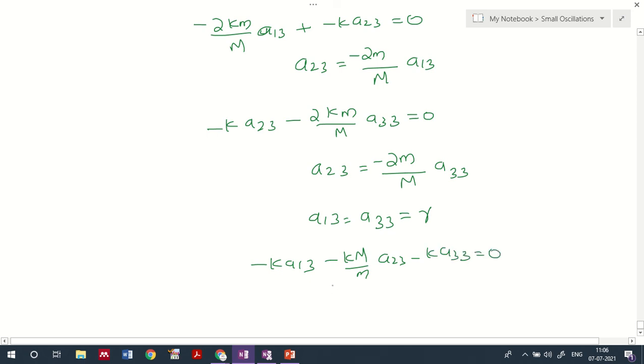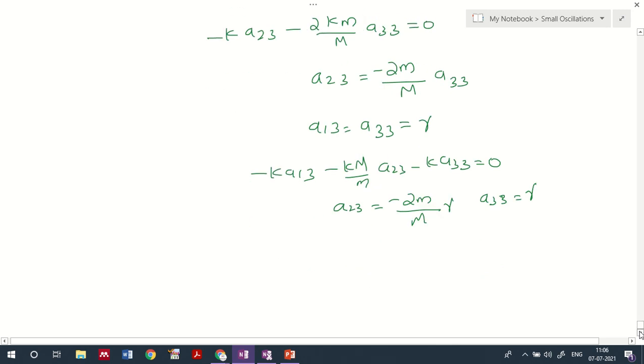In that case, finally a23 will be equal to minus 2m by capital M gamma, a33 equals gamma, and a13 is also gamma.